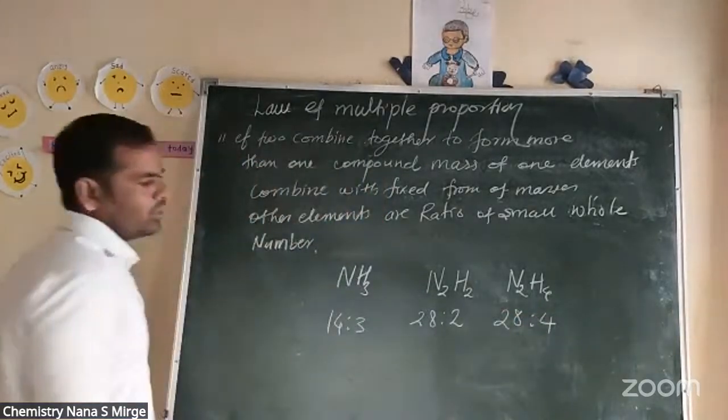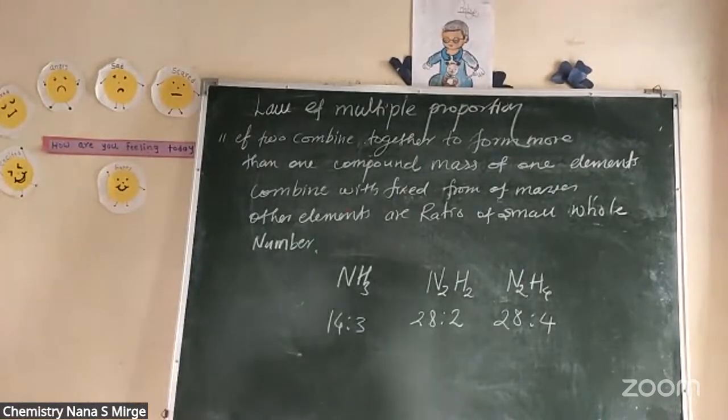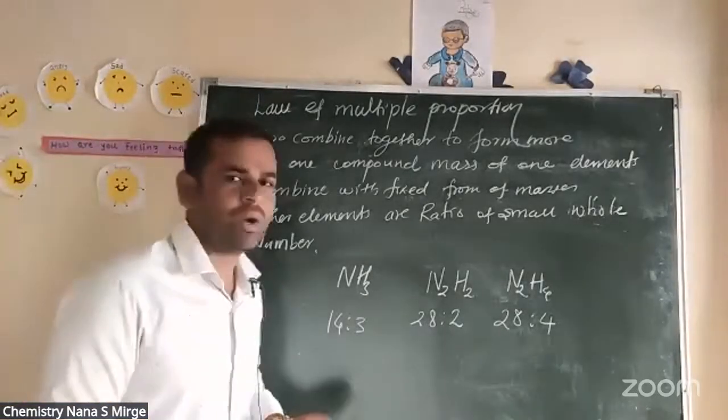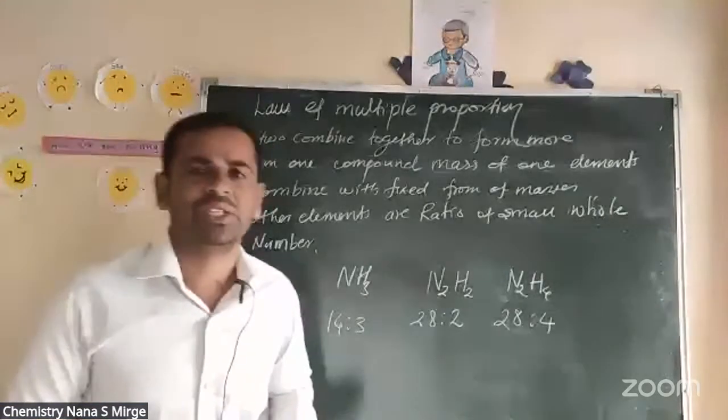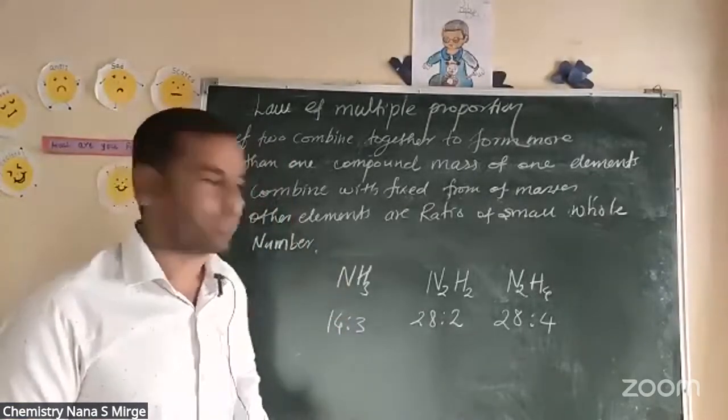So look at how the nitrogen is combined with the hydrogen. The ratio is 14 to 3, 28 to 2 and 28 to 4. So the combination occurs in simple whole numbers. So that is the law of multiple proportion.